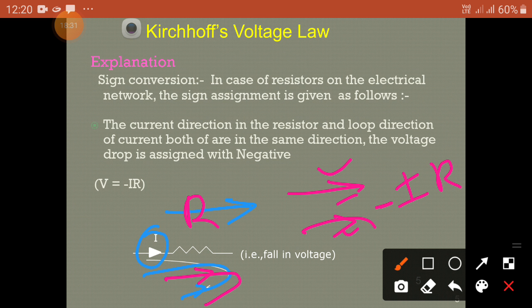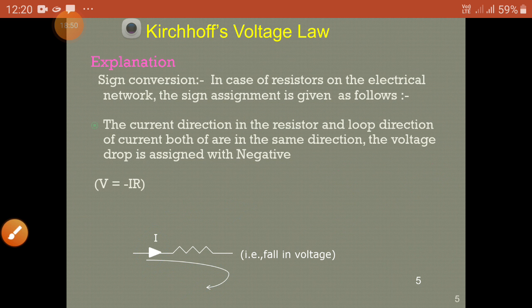If the current flowing in the resistor is in one direction and the assumed loop direction is opposite, the two arrows being reversed, then you have to take the positive value. This is the thing.